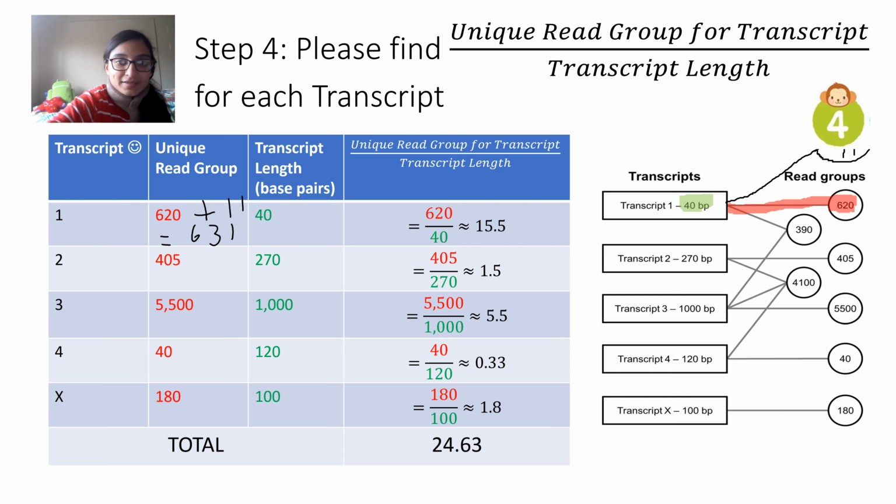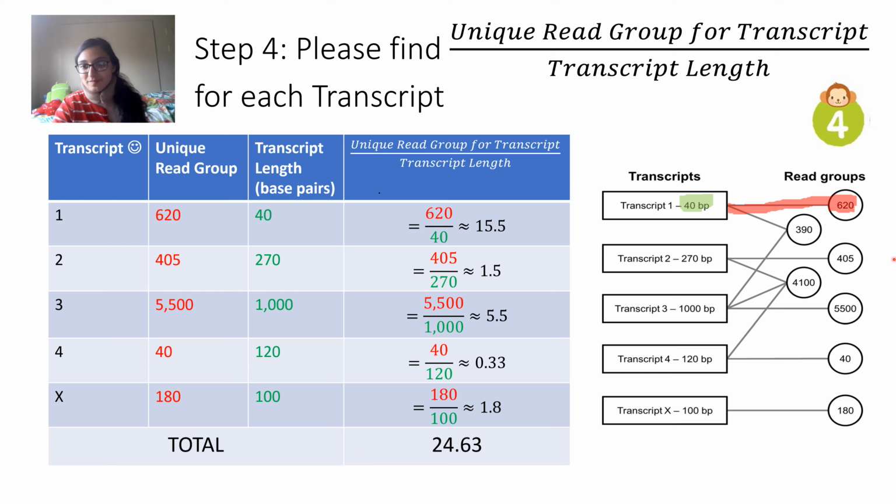Very low count, but then the numerator would have been 631, and you divide 631 by 40. That just shows that if something new maps, that's how you would add it in. I thought that might be helpful, because sometimes even for me, I'm always wondering, what if something is different? How would you troubleshoot that? I'm just showing you, you just have to find the unique ones for each transcript group.